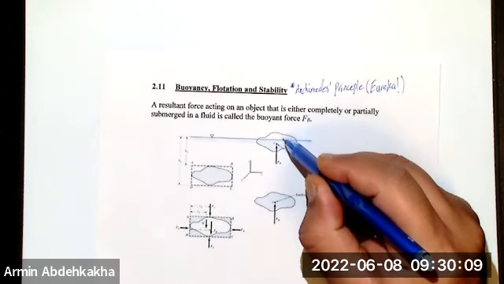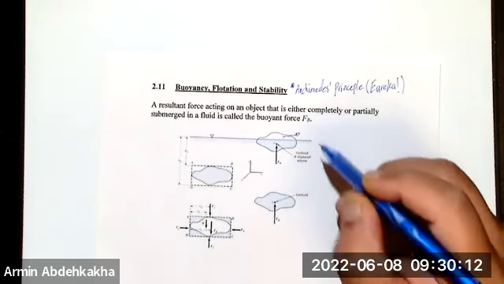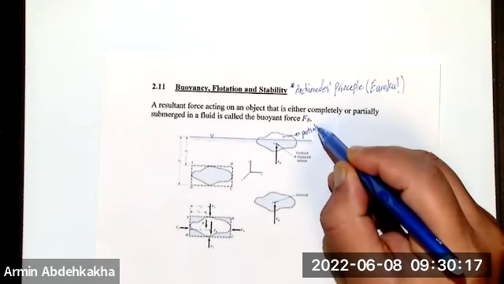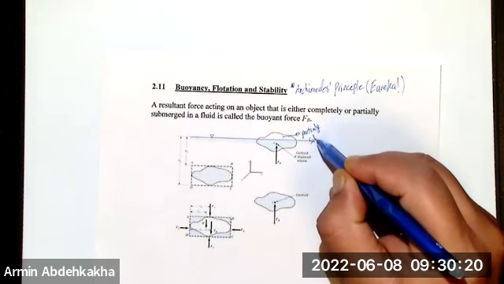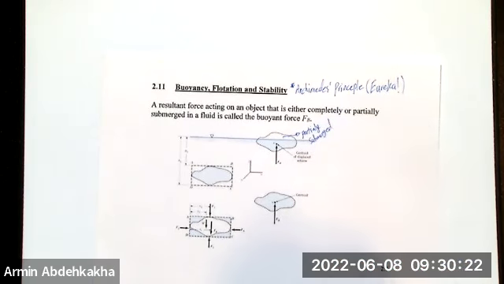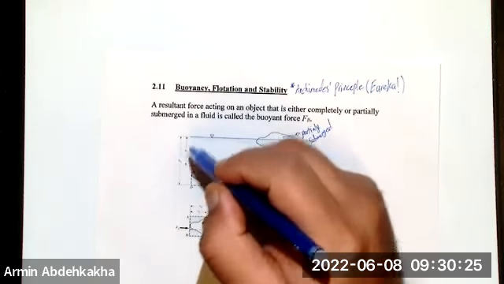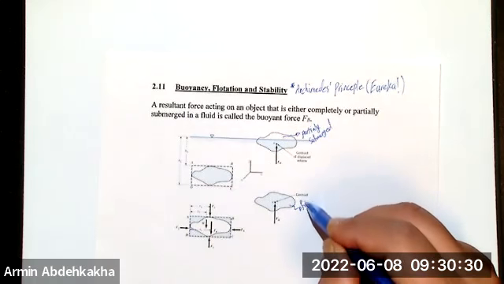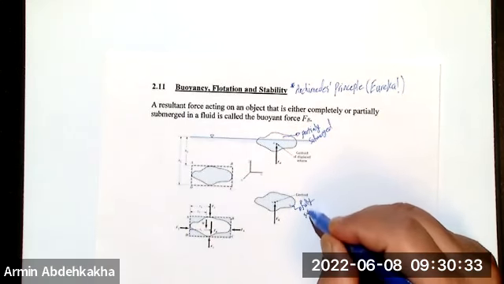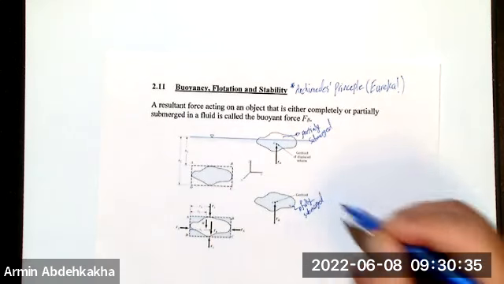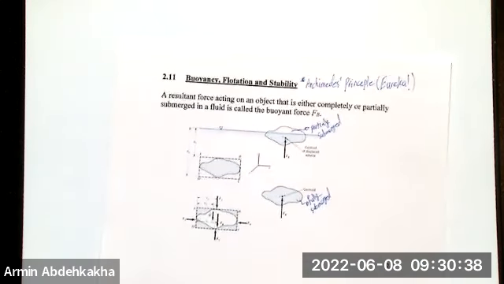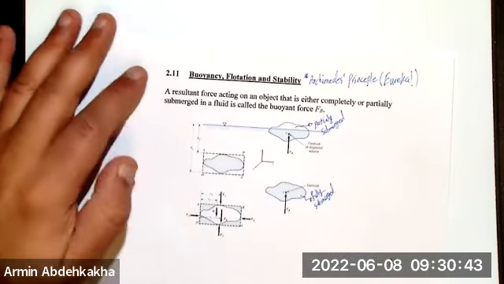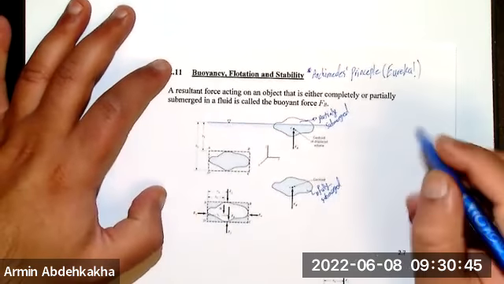For example, this one is partially submerged, and this one is fully submerged. Okay. What is a buoyant force?